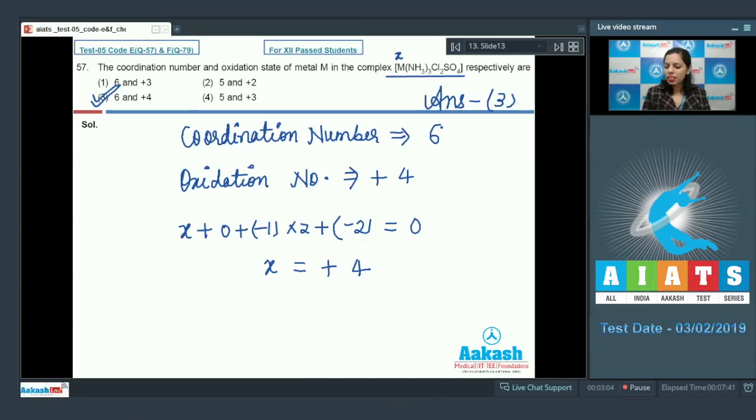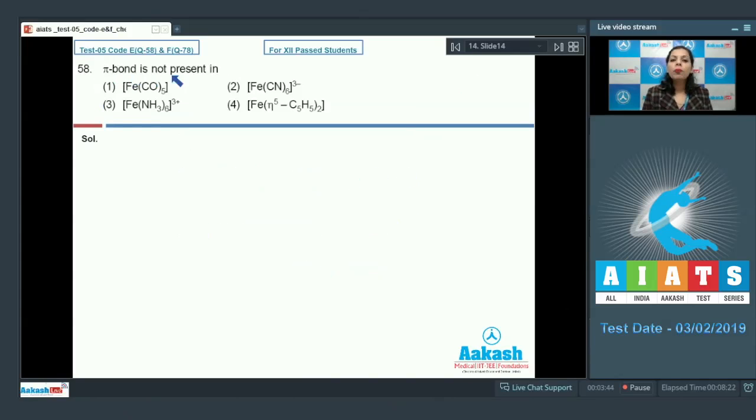After this, question number 58, pi bond is not present in. Here are the complexes in which a ligand is present with the metal, and there's the bonding between metal and ligand, where we have to check the ligand in which pi bond is not present. If we talk about the first complex, this is a carbonyl in which CO is the ligand, carbon monoxide, and we know that in carbon monoxide pi bond is present. It means in this complex pi bond is there. In Fe(CN)6, CN is the ligand, and we know that in case of CN there is the pi bond.